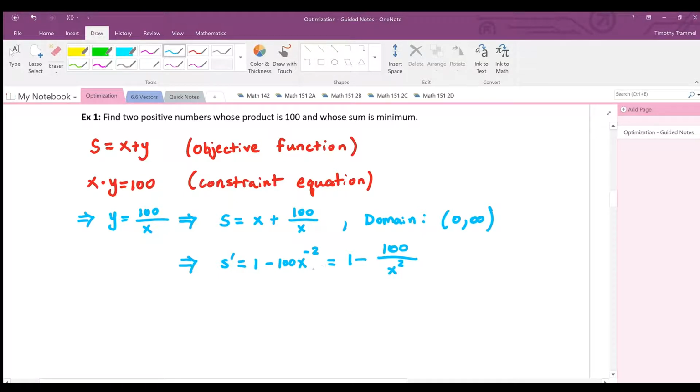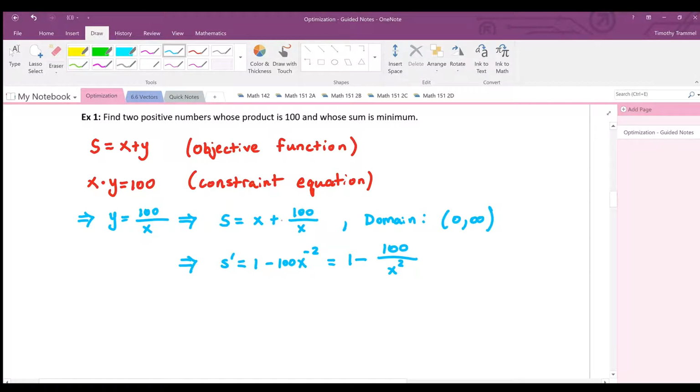And you can see one of the places where this is undefined is at x equals 0. That would be one of our critical points if we were including 0 in the domain. But remember, x equals 0 makes our objective function undefined. So again, it's not part of our domain.